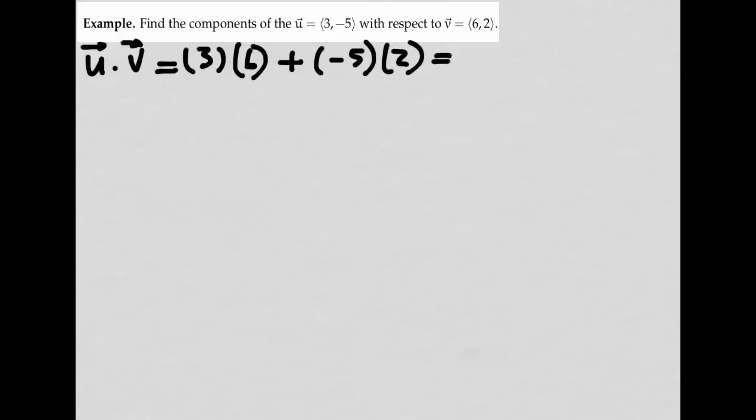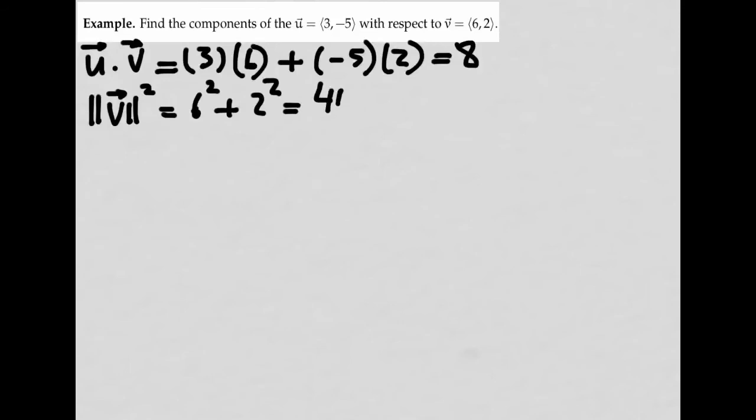That's 18 minus 10, which is 8. We need the magnitude of v squared, that is 6 squared plus 2 squared, which is 36 plus 4, which equals 40.